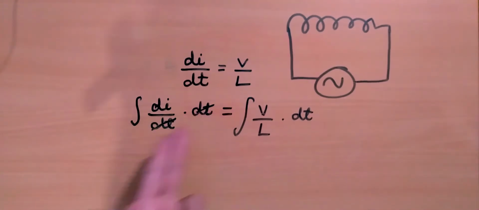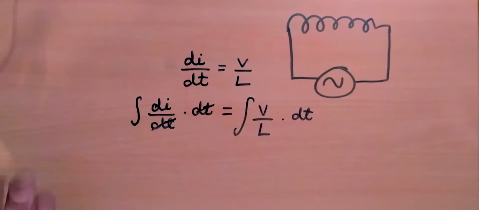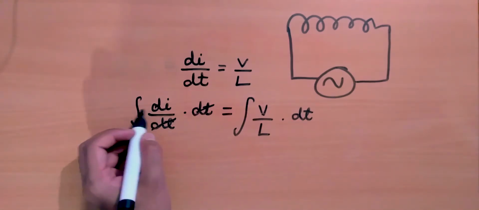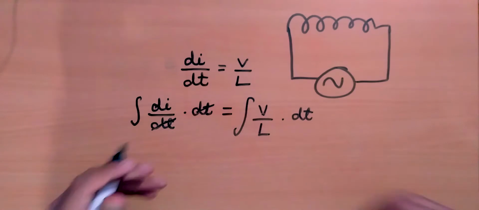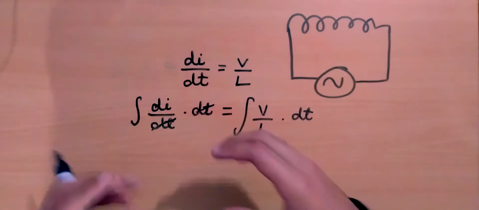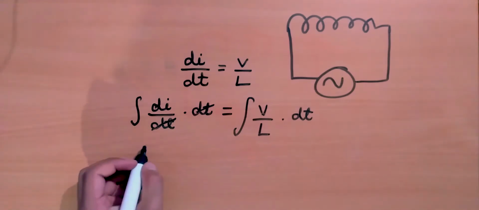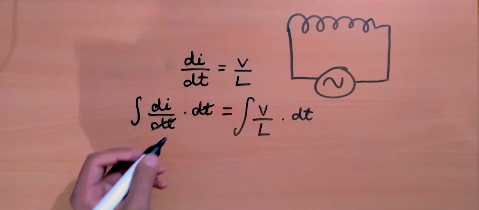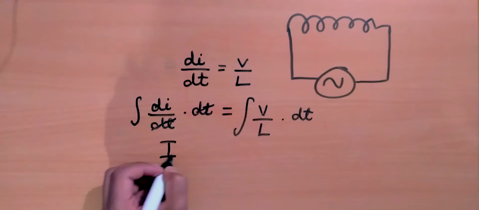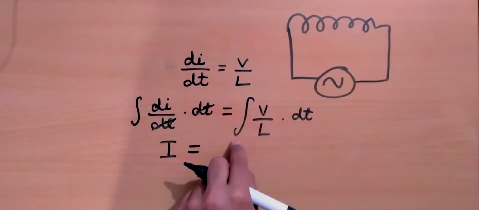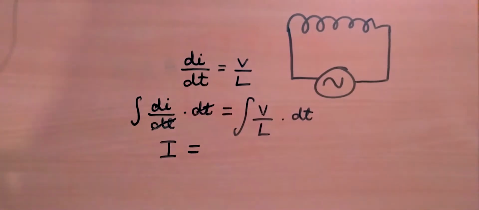You can cancel those two and you get the integration of di, or rather the sum of all those small changes in current, and what you should get is the total current. So the integration of di is simply I, the total current, and that equals the integration of v by L dt.